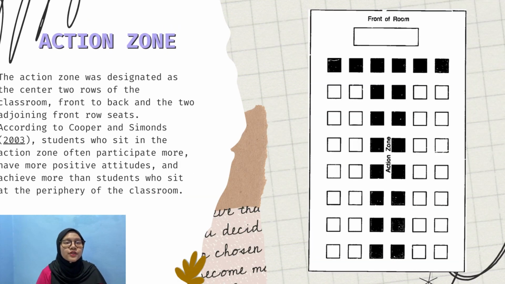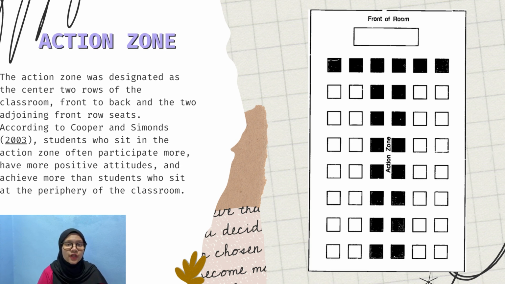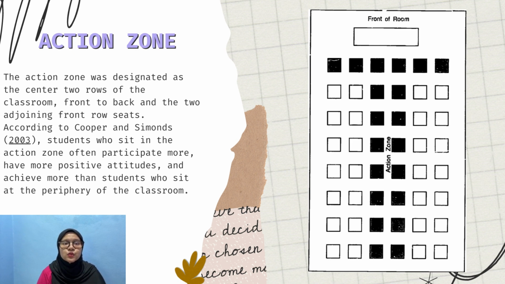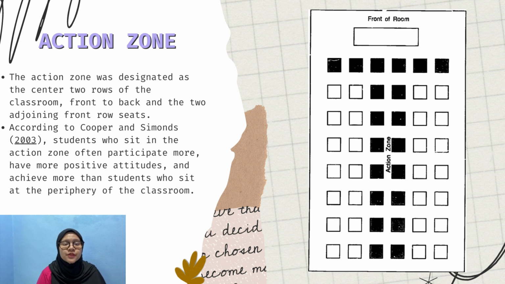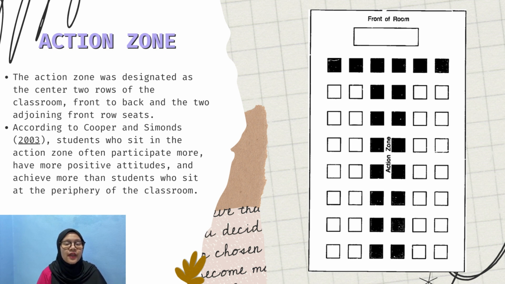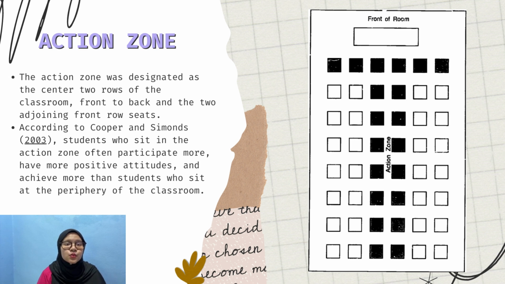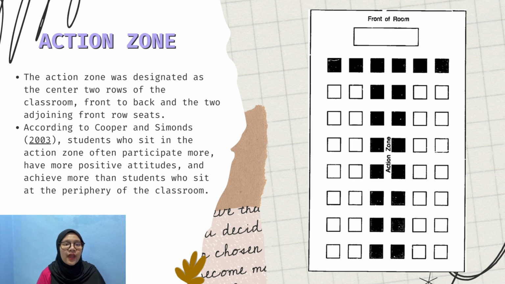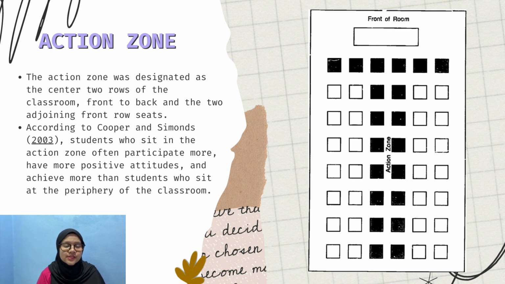Next, we move to the action zone. The action zone is the area of the classroom in which the teacher most successfully engages the student in learning. It is defined in terms of proximity to the teacher. The action zone was designated as the center two rows of the classroom, front to back, and the two adjoining front row seats.